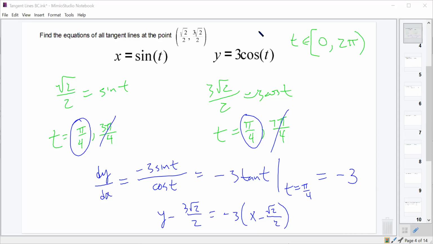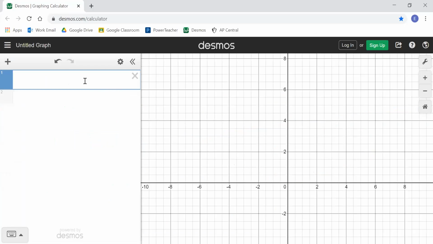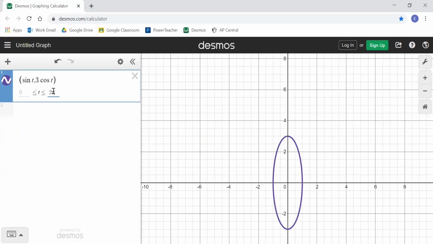All right, let's take a look at it on Desmos. So what do we have? We had sine t, comma, 3 cosine t. We got this nice ellipse here.